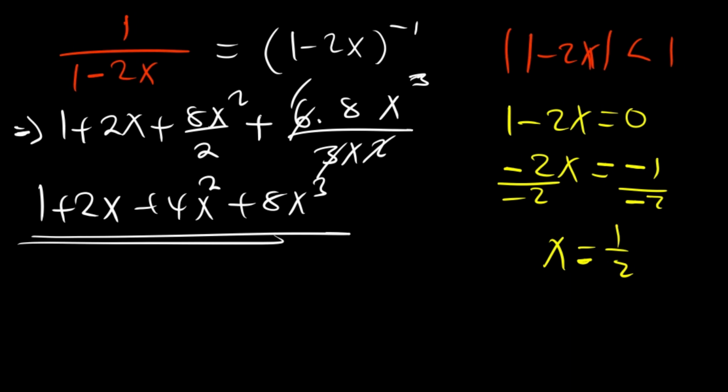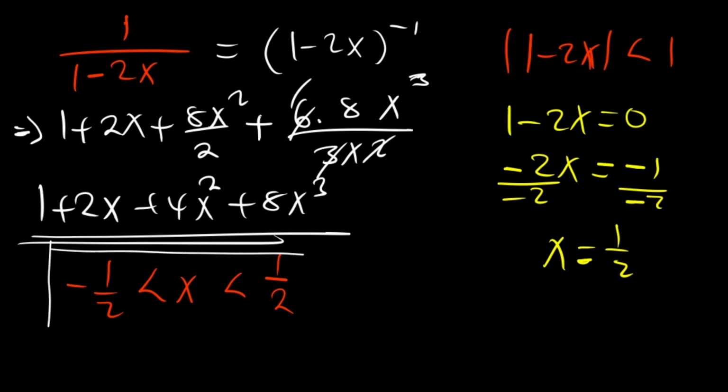You say it will be negative 1 over 2 less than x less than, then positive that. Positive what? Positive 1 over 2. So this is the range of values on which this is going to be valid. Do you understand the fact that this is the same as we say x is greater than negative half and x is less than half? You know that, right?